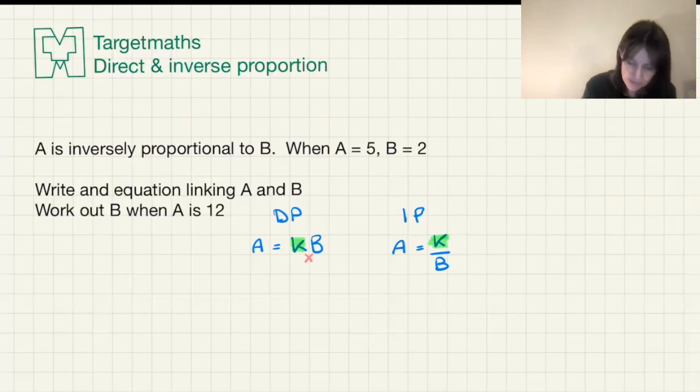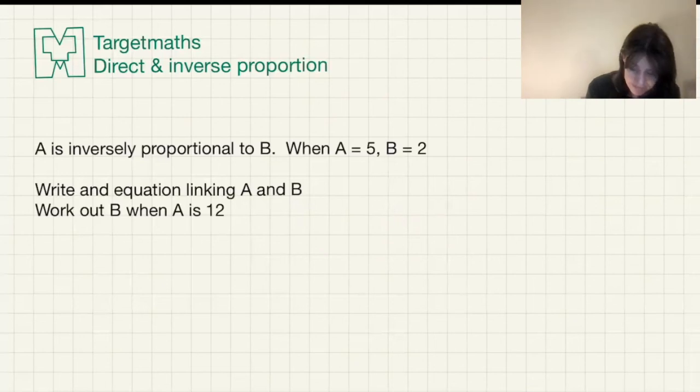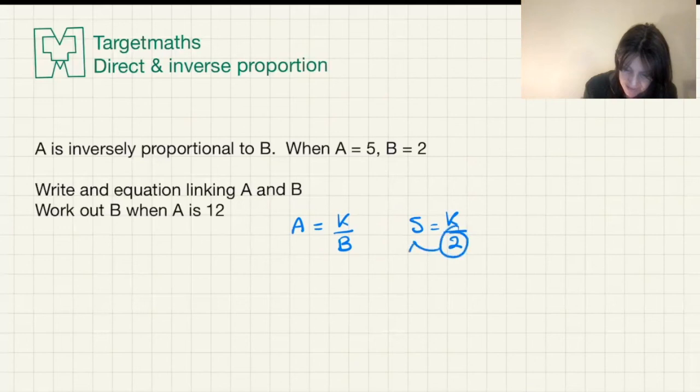So let's take a look at this question. So we've pretty much done the first bit. A is equal to K over B. A is 5 when B is 2. Rearrange to get K on its own, and you work out that K is equal to 10.